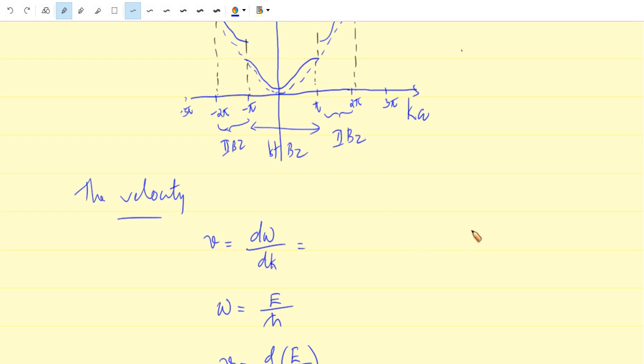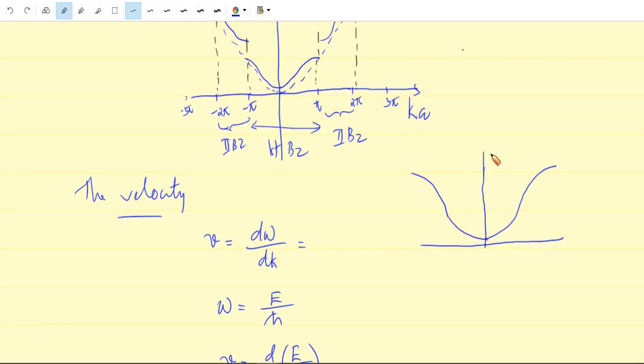So let me draw the first band, the energy versus k diagram. On this axis energy, on this axis the wave vector k. This is the boundary of the first Brillouin zone, k equal to pi by a, and on this side minus pi by a.